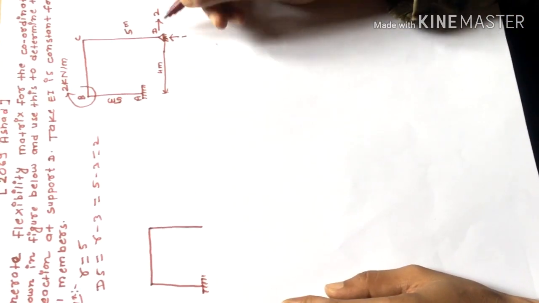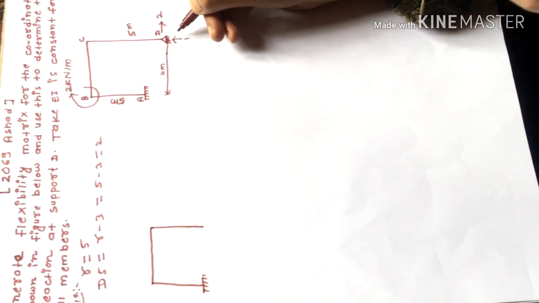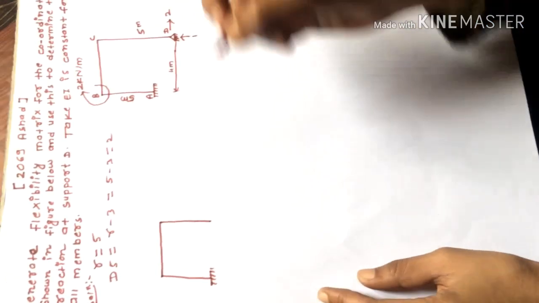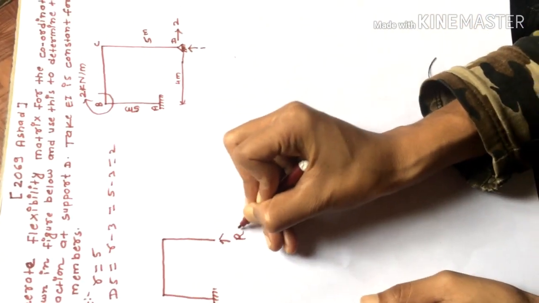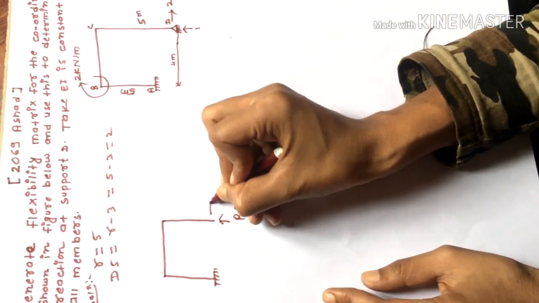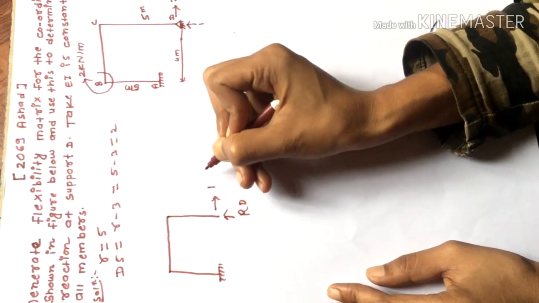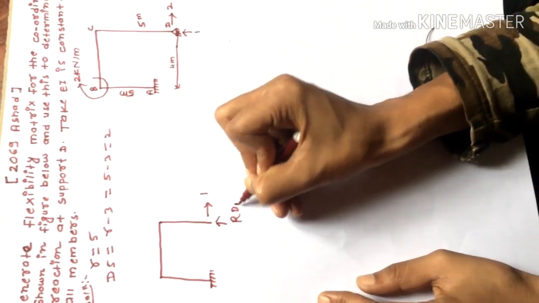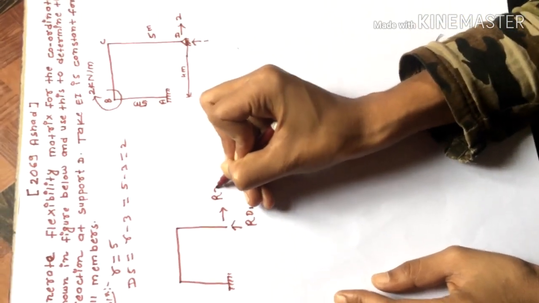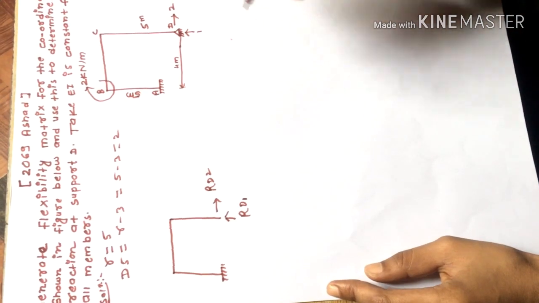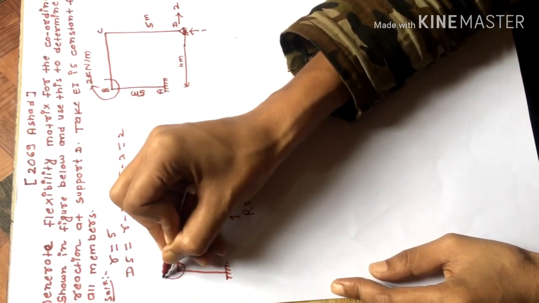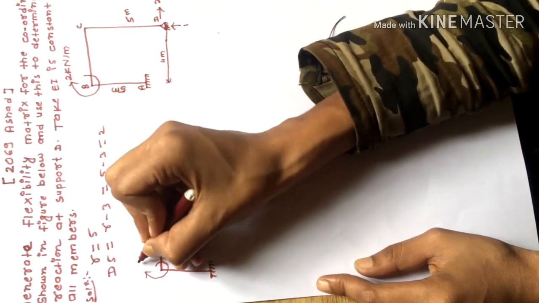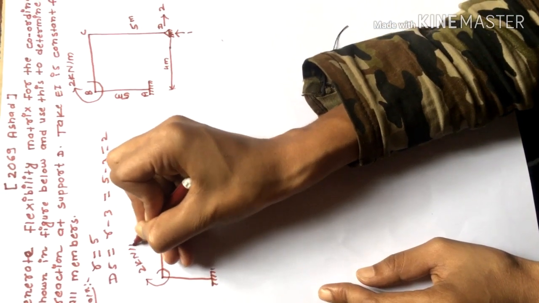In the figure we can see there are coordinates, coordinate 1 and coordinate 2. Let them be RD1 and RD2. Now the given indeterminate frame has changed into a determinate one.